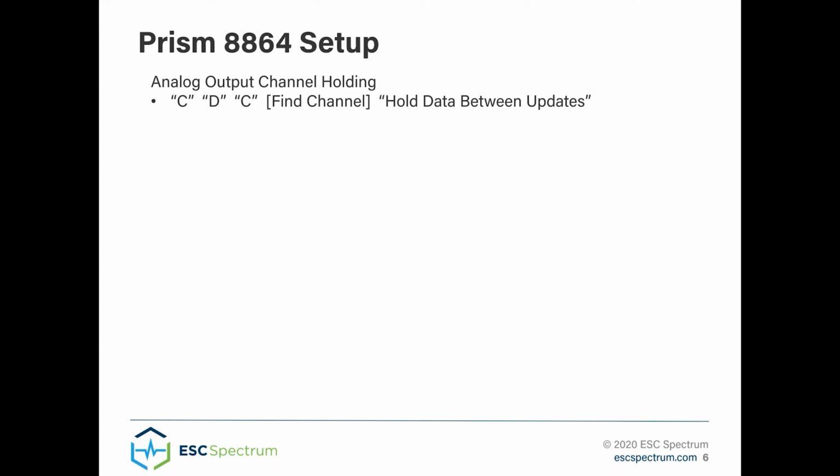And the 8864 data controller has the ability to flash the value that it's reading to 0 in order to indicate a bad quality update, or it has the ability to hold the data between updates, which is what we want. So we'll be able to reliably read back the held value for that analog output channel back into Prism.